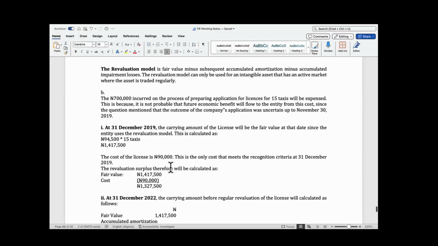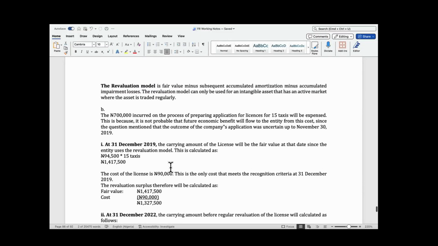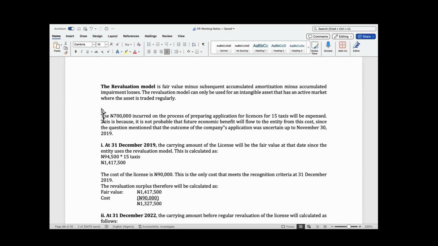So to manage our time, I have the solution here for you. And you see that I was explaining, not just calculating. I explained that the 700,000 incurred on the process of preparing the application for the license for 15 taxis will be expensed. This is because it is not probable that future economic benefits will flow, since the question mentioned that the outcome is uncertain up to November.